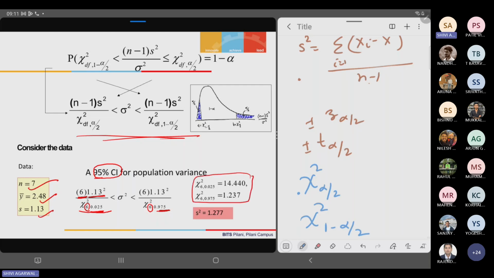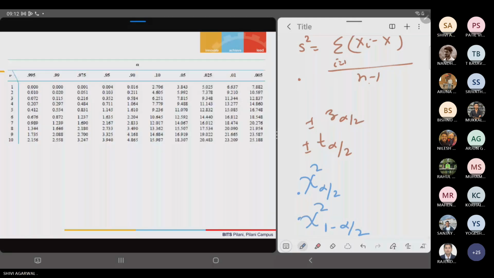Firstly, I will just complete this question. So chi square 6, 0.025 is by the table, and this is also by the table. So we are using the chi square table here. In this table, alpha is provided and nu, the degree of freedom, is provided.